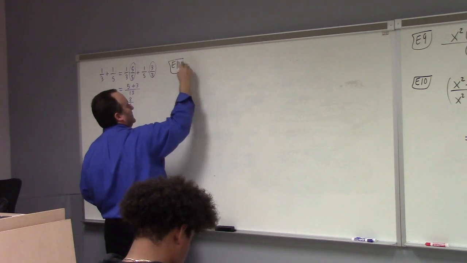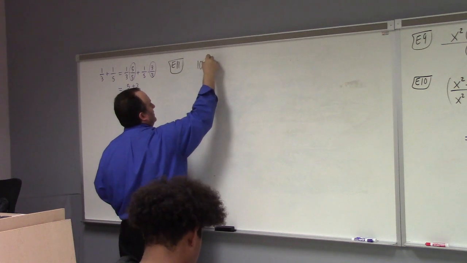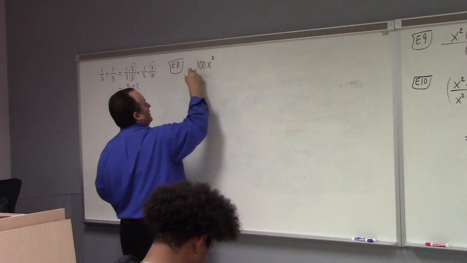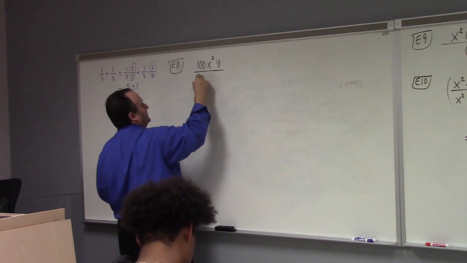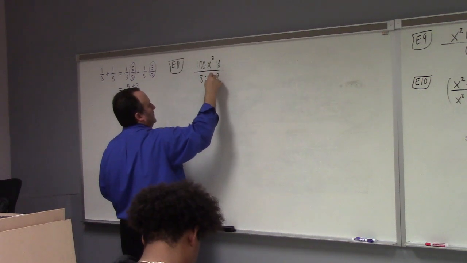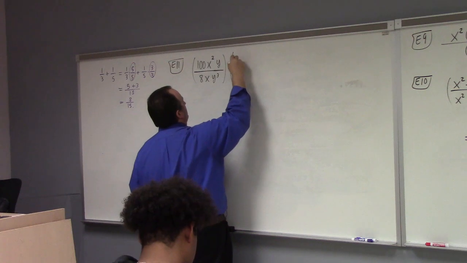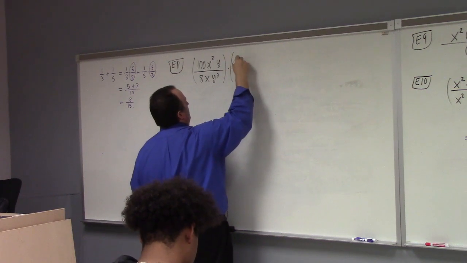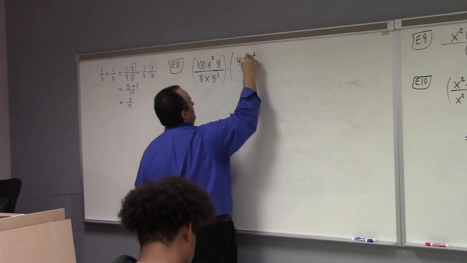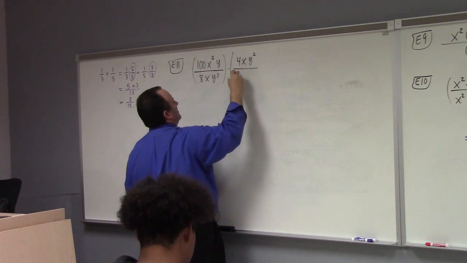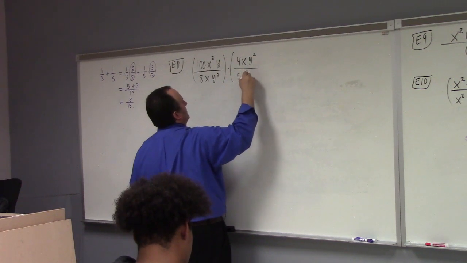Example 11. What if we're up against 100x squared y over 8xy cubed, times 4x y squared over 5x to the 4th y?